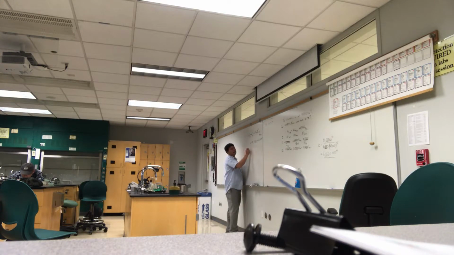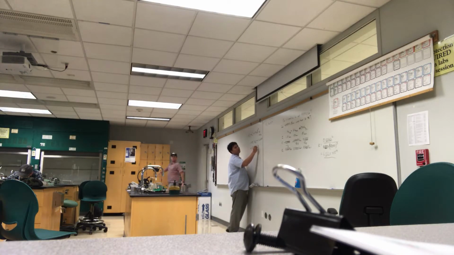Delta H naught at temperature T is about the same as delta H naught at 298 Kelvin. That's a reasonable assumption. Minus T delta S naught at 298 Kelvin plus RT ln of K.